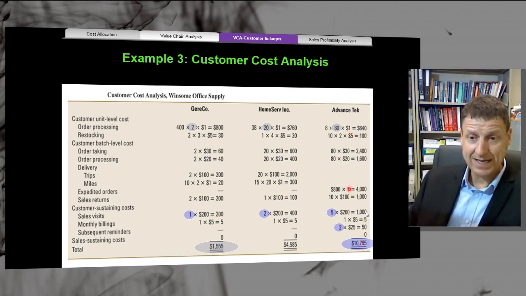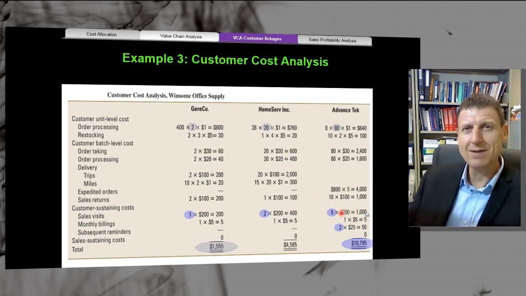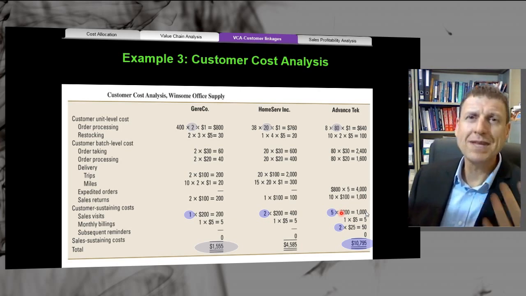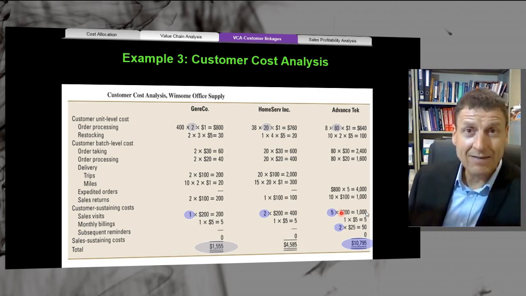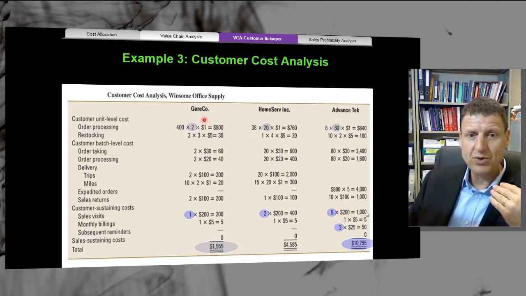Why is Advanced Tech so expensive? Because they order so often for so little, because they expedite everything, because they require so many sales visits, they require so much hand-holding by the salesman. They want that relationship. They want that tender, loving care. Jerry Company couldn't care less.